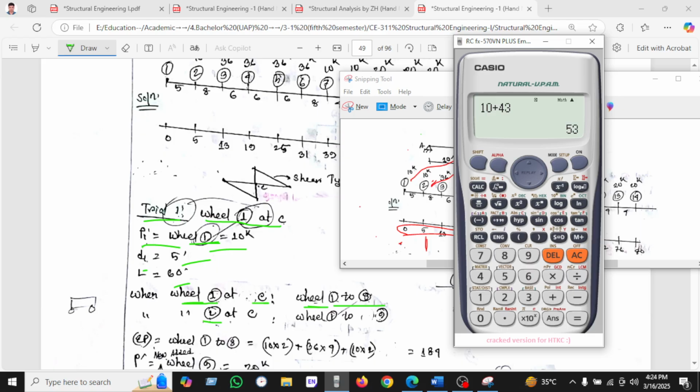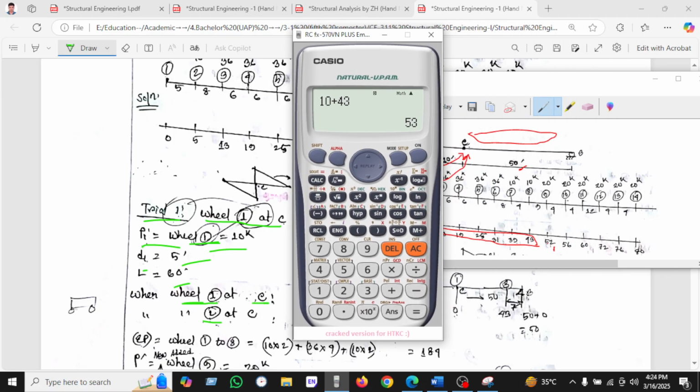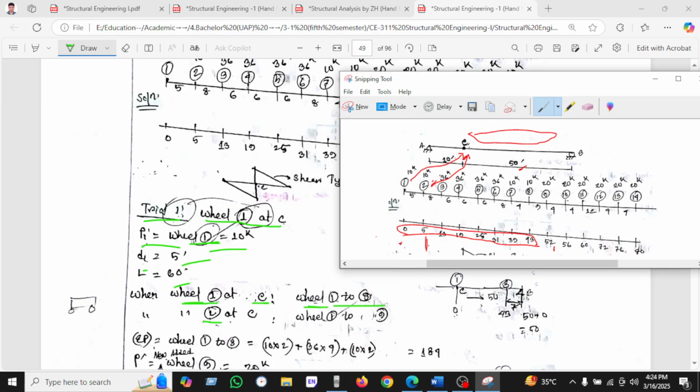We have been seeing 52 minus 5, so it will be 47, not 47. We will go to the 50 feet here, so we can go almost here.